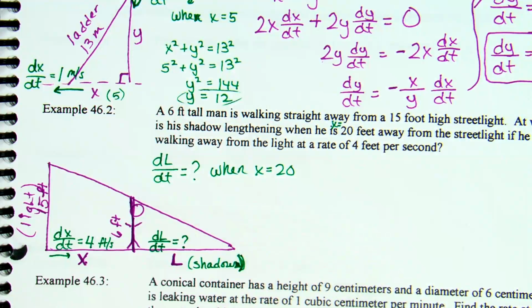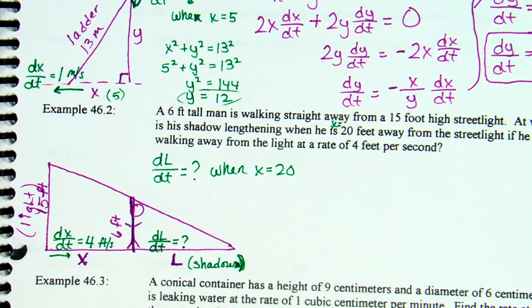You can do it either way. Or 15 over x plus L, 6 over L. Or L over 6, x plus L over 15. I just like the big triangle over the small triangle.